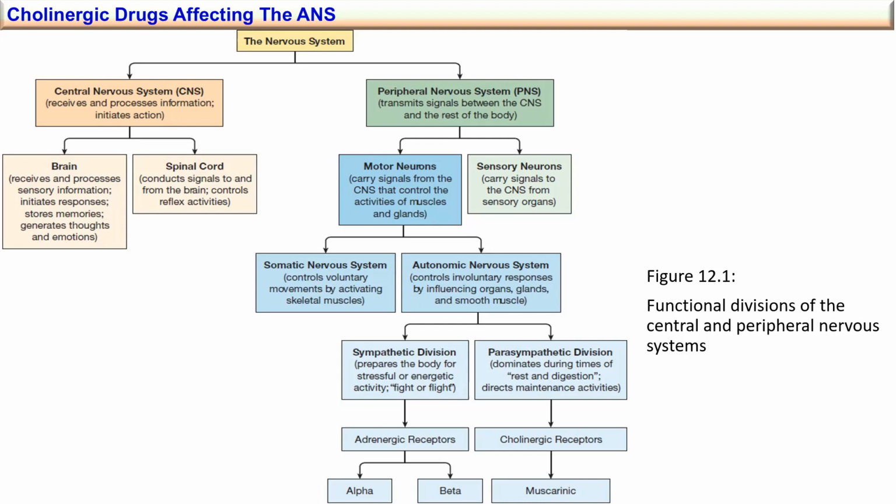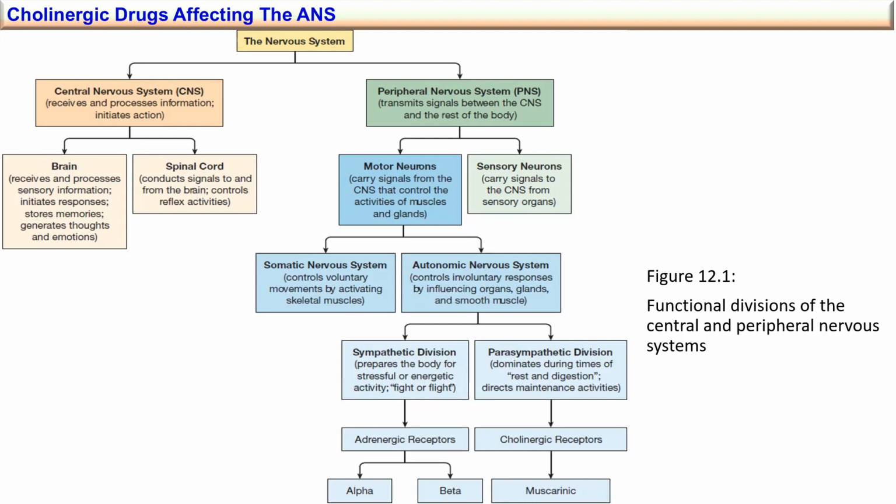The first one is sympathetic, and the other one is parasympathetic. The sympathetic has the adrenergic receptors, and the parasympathetic has the cholinergic receptors, which Chapter 12 focuses on. However, Chapter 13 explains the adrenergic receptors, alpha 1, alpha 2, beta 1, beta 2.